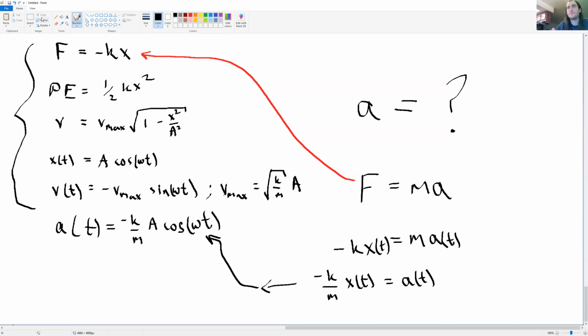Let me just fix up the arrows here. And now we have the acceleration as a function of time.